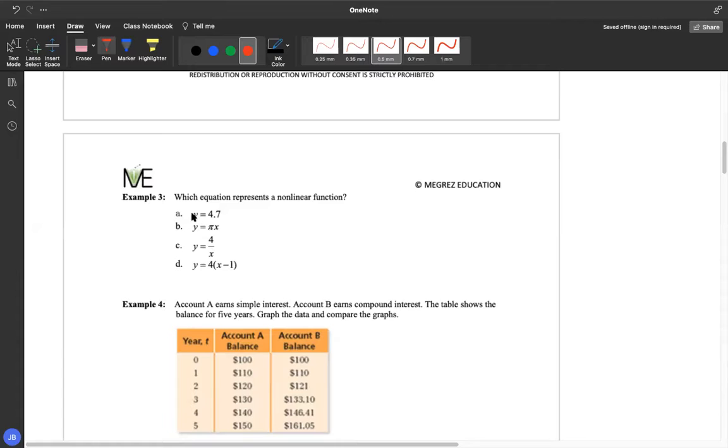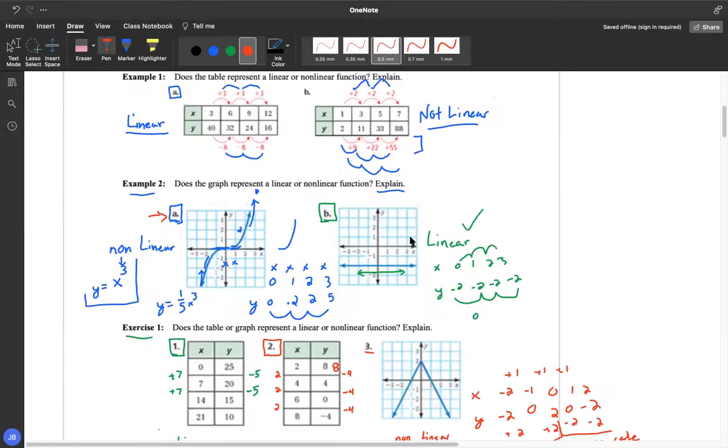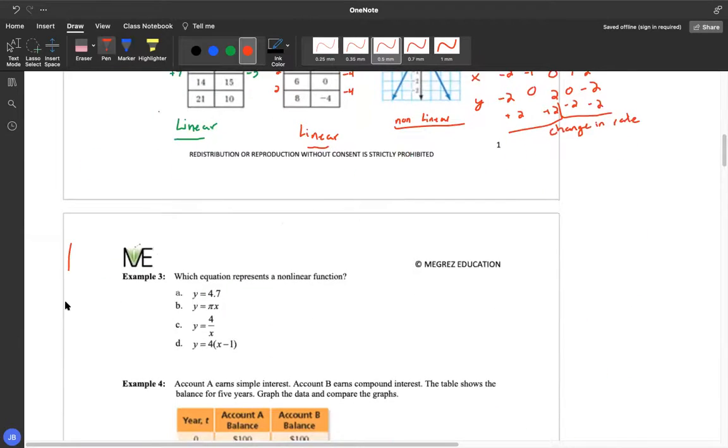A, linear or not linear? I see 2 thumbs up. Andy, is that a thumbs up? I don't know because I don't know the x. Go ahead, Alina. So this is kind of like this one right here, right? So y equals 4.7. If this was 4 and this was 5, the x isn't consistent, then it's still not linear.